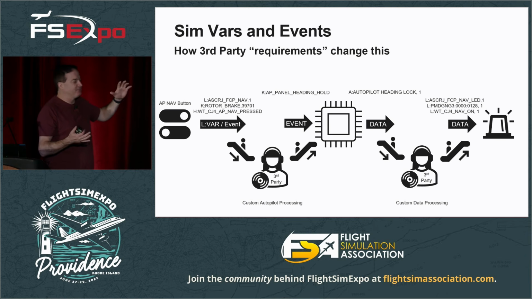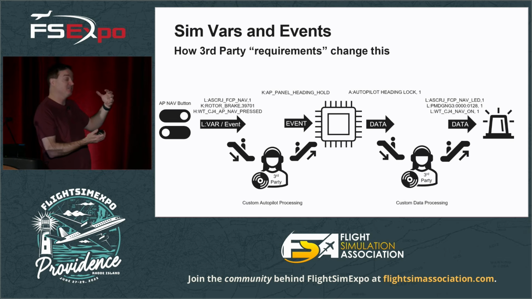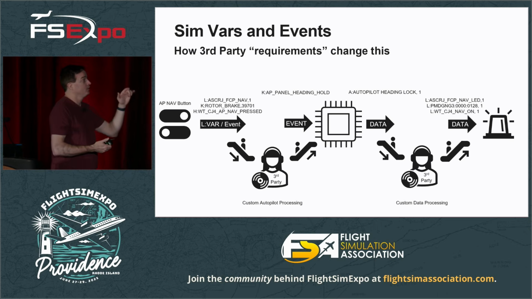Now, it's not really an event, it's a piece of data. It's a local variable. You'd set it to a 1, which is pushing the button, and it automatically resets to 0. That was their way of accepting an event and translating that into, I want to push the autopilot nav button.